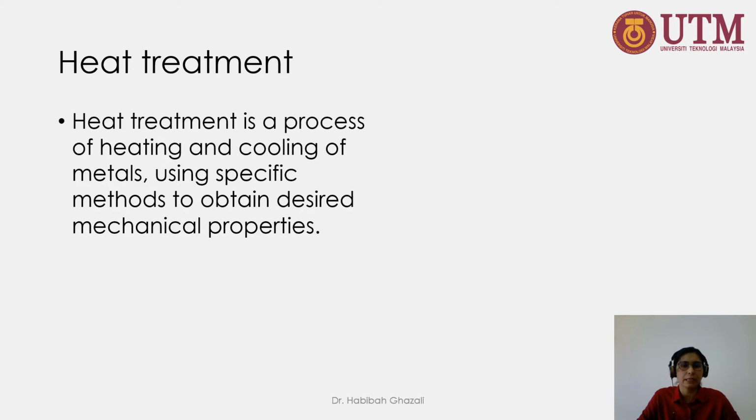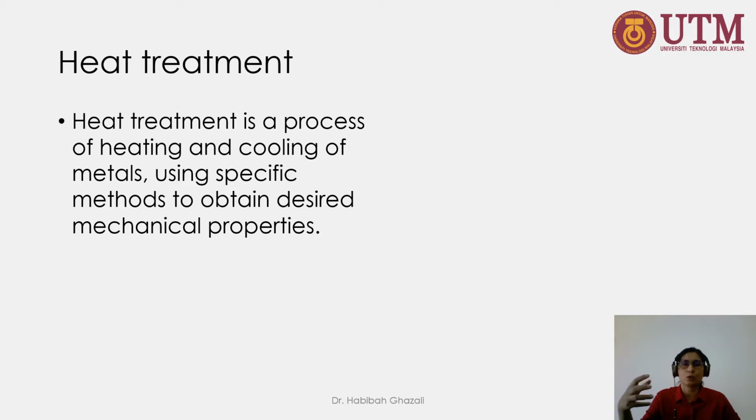So heat treatment is a process of heating and cooling of metal using a specific method to obtain desired mechanical properties. Depending on what you want to achieve, you can perform different types of heat treatment. So let's say you want to have a steel with higher hardness, you can perform quenching and tempering.